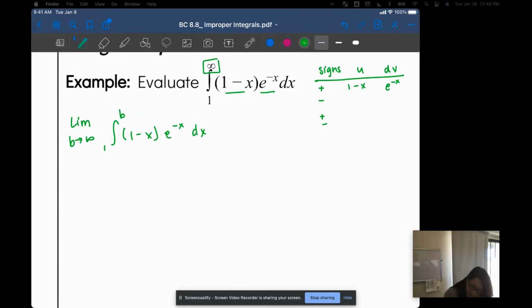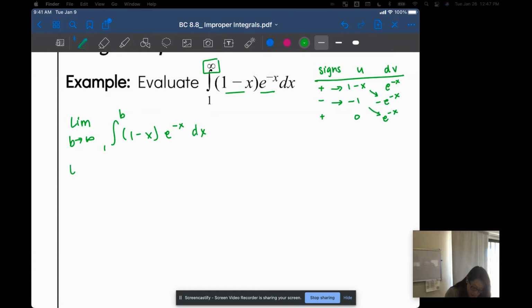The derivative of 1 minus x is -1. The derivative of -1 is 0. So I'm not going to need this last line. And then the antiderivative of e to the negative x is negative e to the negative x. And then I'm going to divide by this negative again, giving me positive e to the negative x. And we can set up our integration by parts.